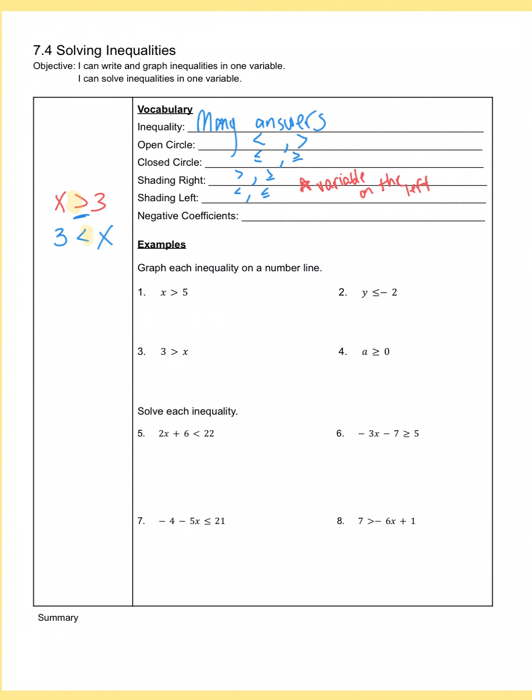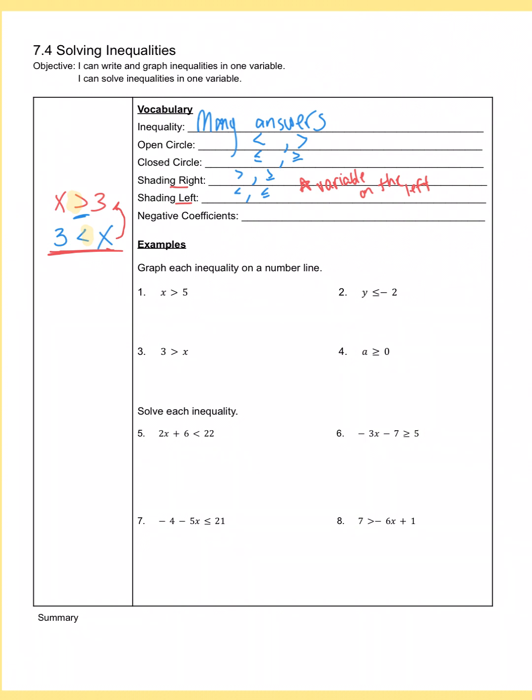That's because the x is the bigger number. 3 is the smaller number. So if you have a problem like this bottom one, you can always rewrite it by flipping the whole thing around. You flip the entire thing around, including the inequality sign, and then you can use that shortcut to tell to shade right or shade left.